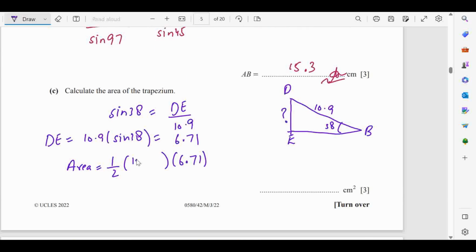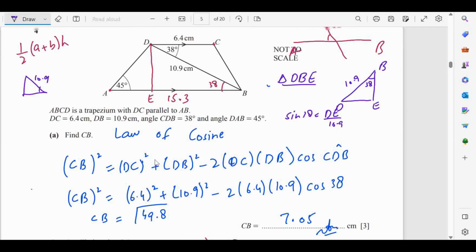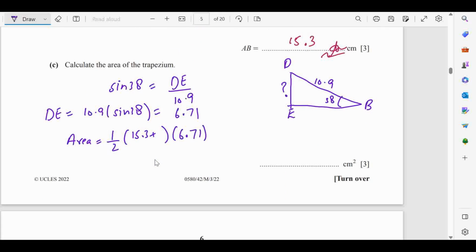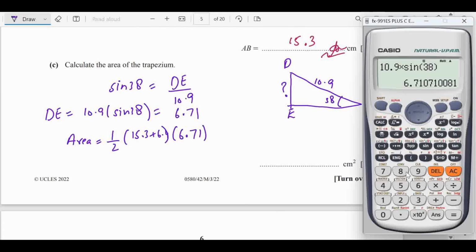So we can write it as 15.3 plus the other parallel side, which was 6.4. So let's do it on calculator. 6.71 divided by 2 multiply by, let me use the bracket, 15.3 plus 6.4.